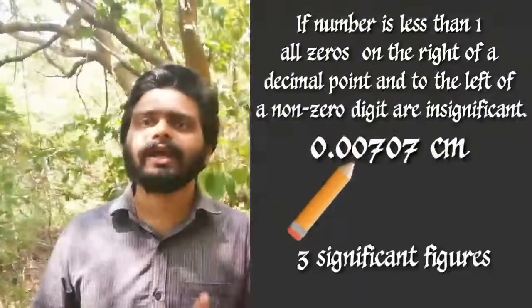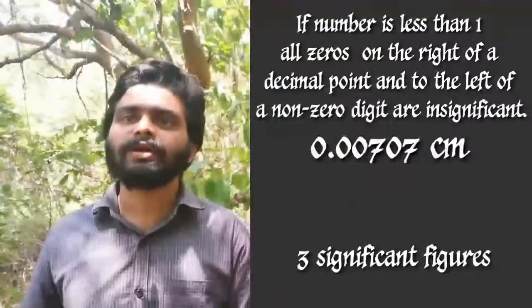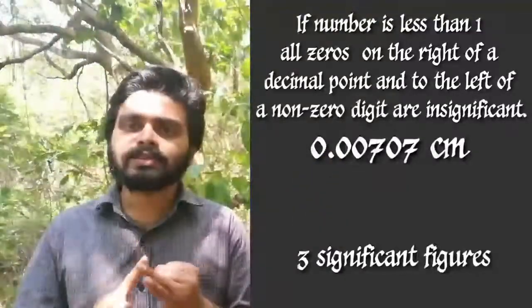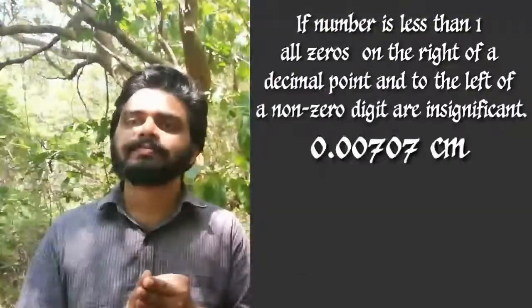In this number the number of significant figures is only 3, that is 7, 0, and the last 7, with the 0 existing between the two sevens.